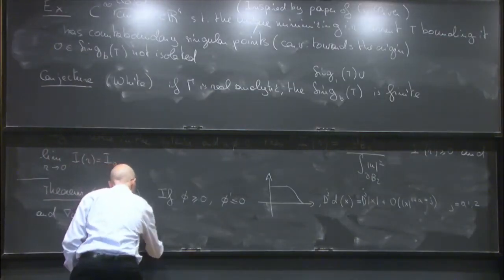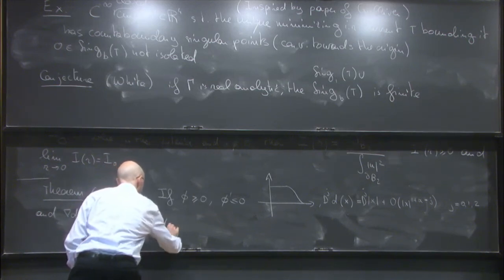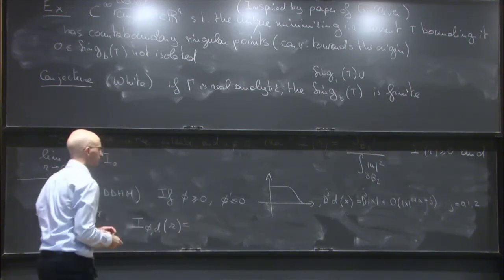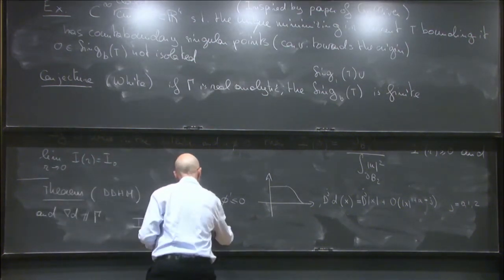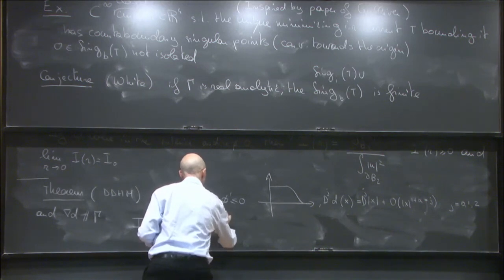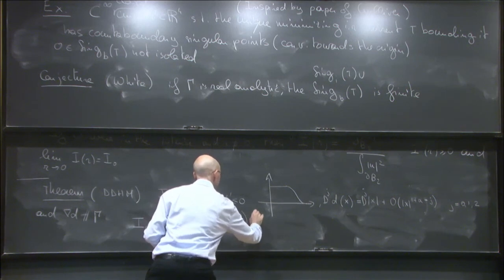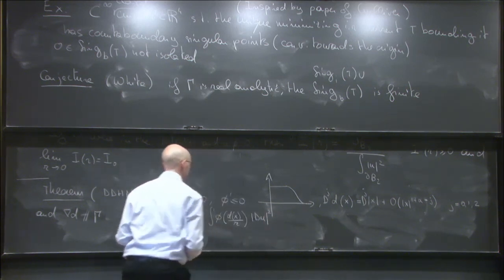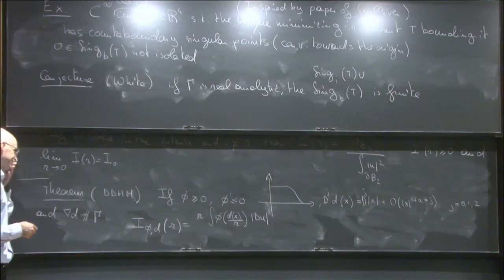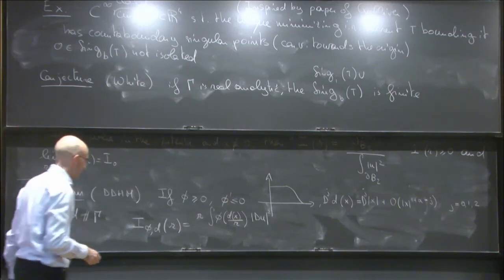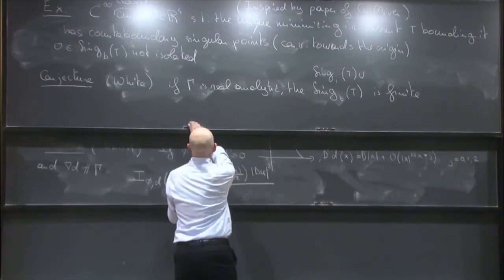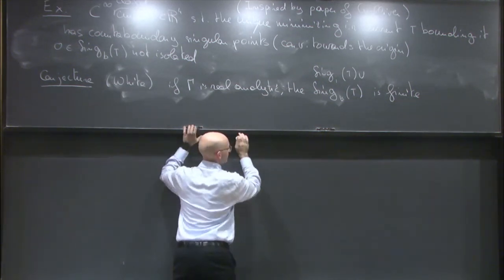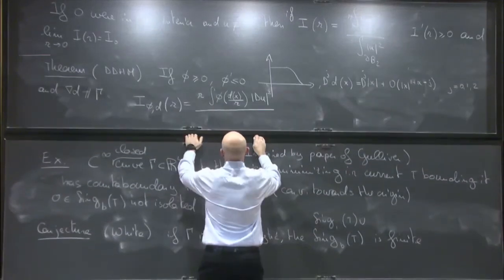So you can write I phi d of r. Now, hopefully I remember this correctly. Here I have the integral of phi of d of x divided by r, and here I have modulus of du squared. Okay, and now below, and here's where the thing gets more complicated, and I'm hoping I'm getting the correct thing.